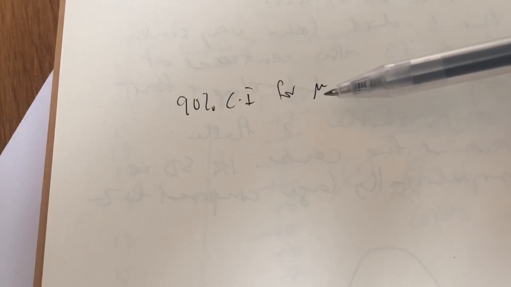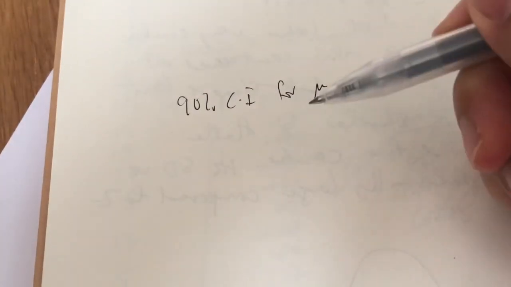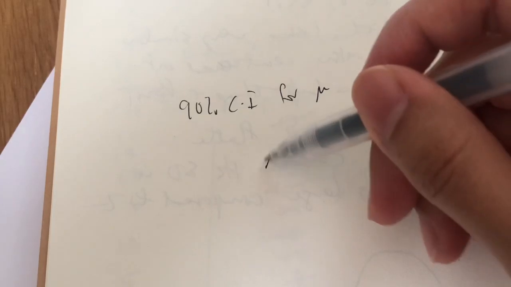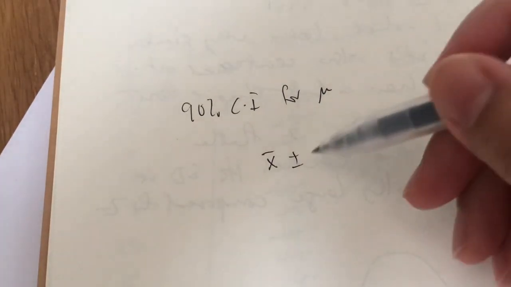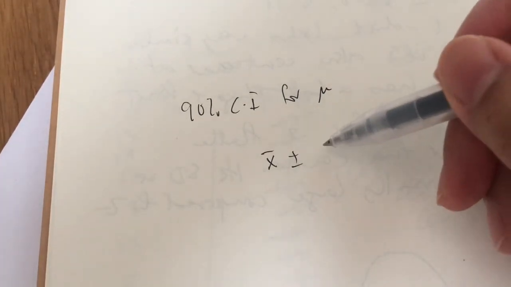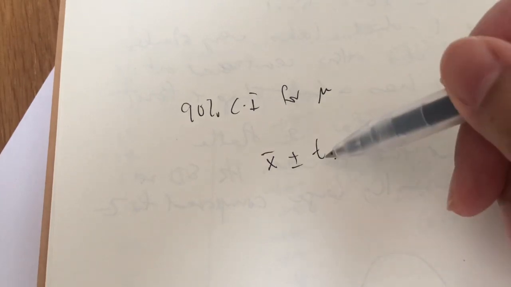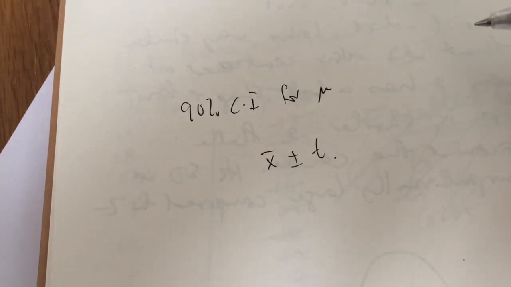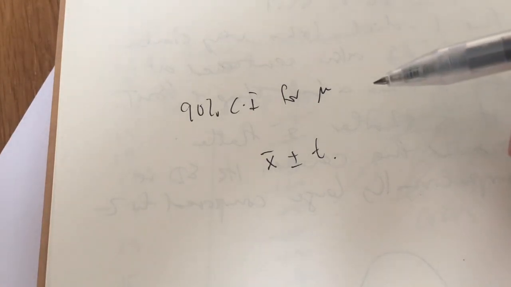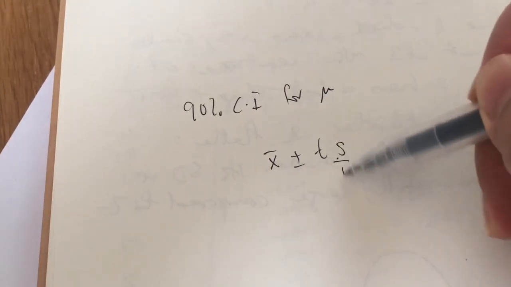We're asked to find the 90% confidence interval for mu. The formula begins with the point estimate, which is x bar, plus minus the margin of error. The margin of error consists of two parts: the confidence level, where we use t now because we've got a small sample size and we don't know the population standard deviation, and the standard error, which is s over the square root of n.